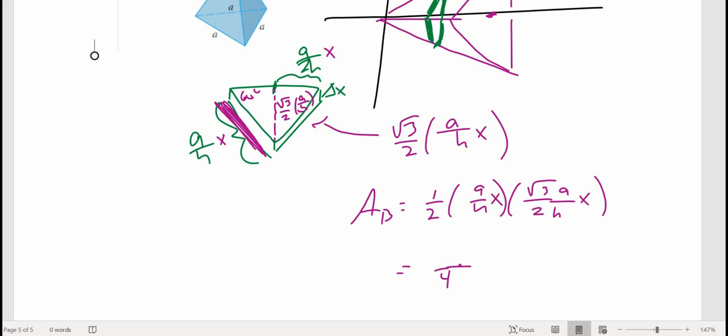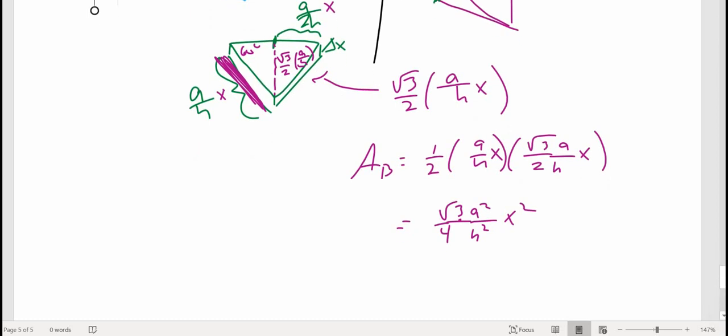I'm just simplifying a little bit. 3 over 4 times a squared over h squared times x squared. 1/2 base times height. All right. So then the volume of each of those slices would be square root of 3 over 4 times a squared over h squared times x squared times delta x.